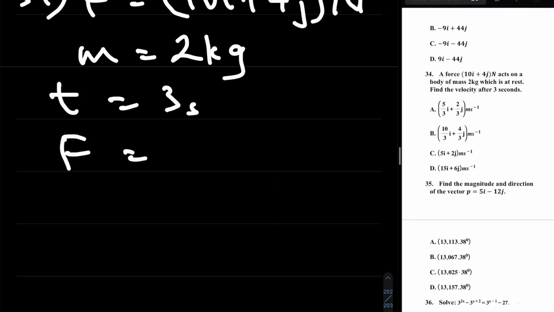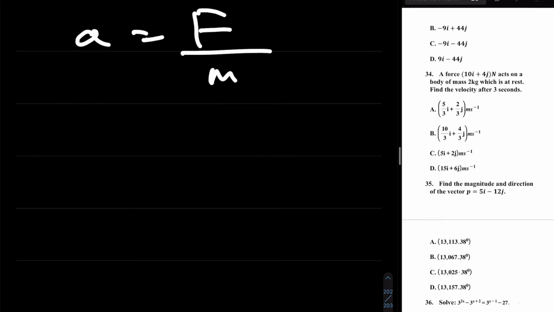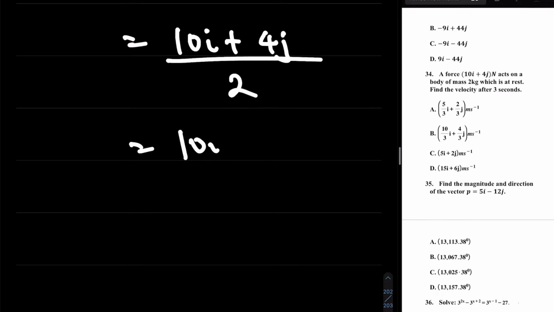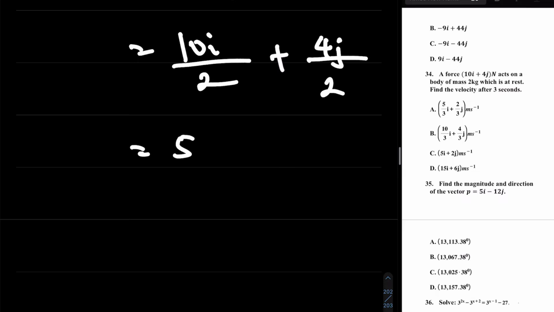First of all, I need to find acceleration. F is ma, that means a equals F over m, which simply means 10i plus 4j over 2, and that's 10i over 2 plus 4j over 2, which is 5i plus 2j.